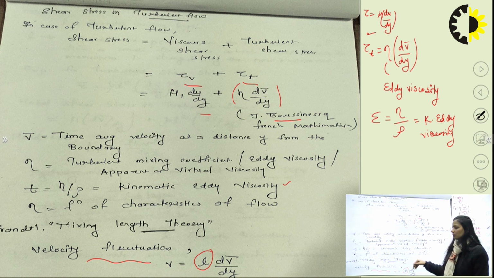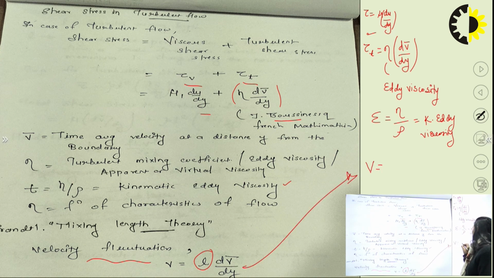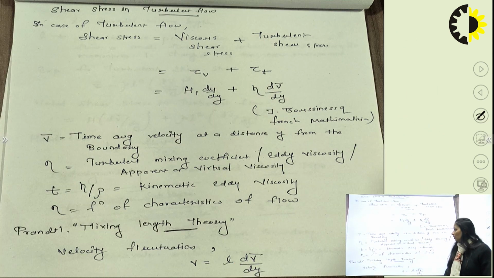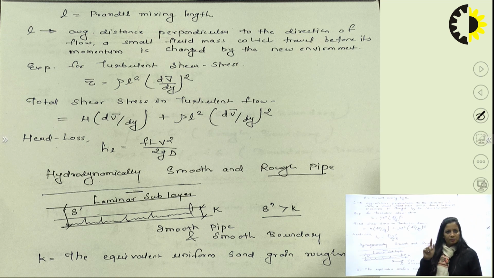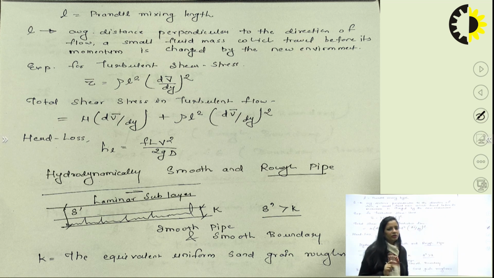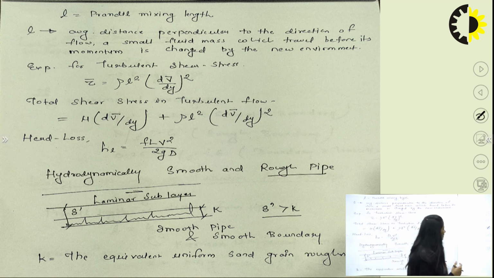So let us suppose we are taking any direction, and the velocity fluctuation we can write as L dv bar by dy. L is simply the term we have taken as Prandtl mixing length, L. But what is the exact definition of this Prandtl mixing length?